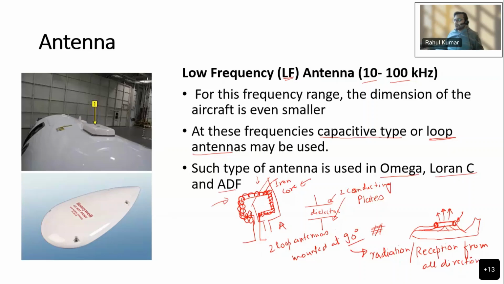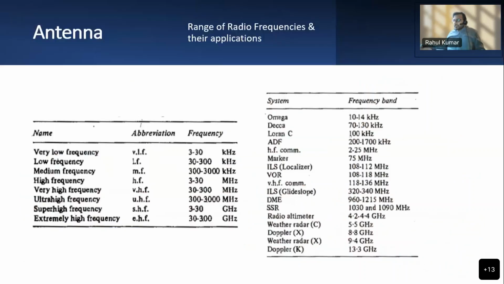We are not going to study Omega and Loran, but probably in the next class we will study ADF. Now in this slide I have mentioned the different ranges of frequencies and their applications in different avionic systems.